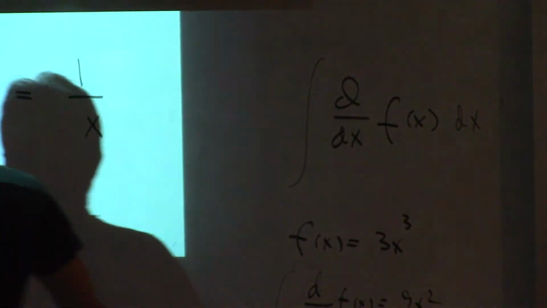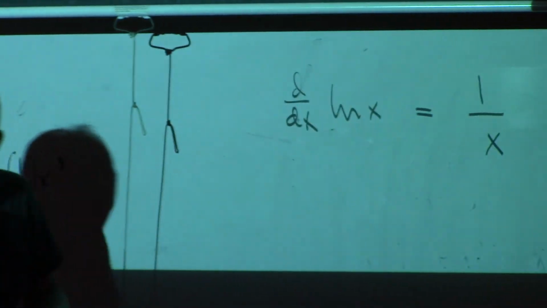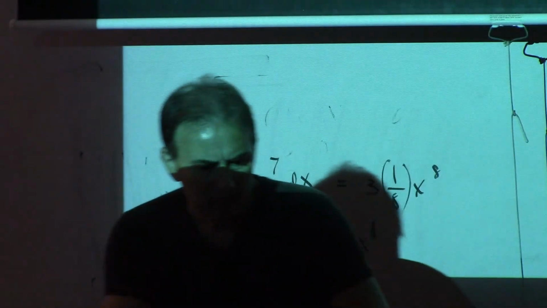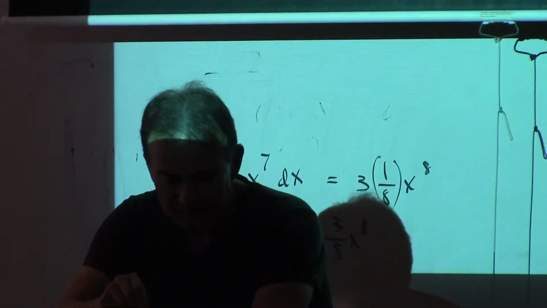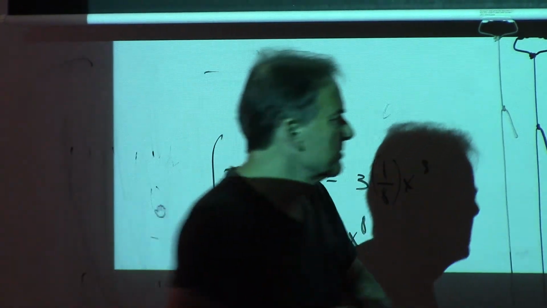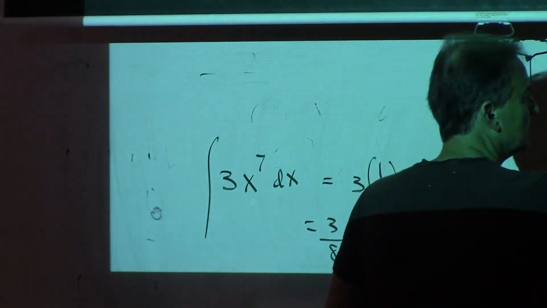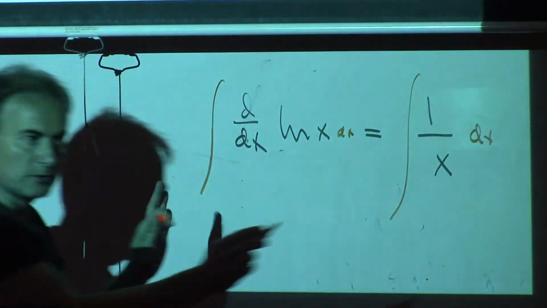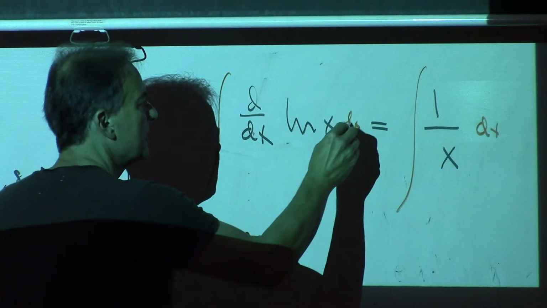Okay, so with that in mind, we have the derivative with respect to x of ln x, which means that if I wanted to integrate that function, and I'll give you very good reasons for using the integral, why it's important to us. If I wanted to integrate this function with respect to x, I can do the same thing on both sides, right?